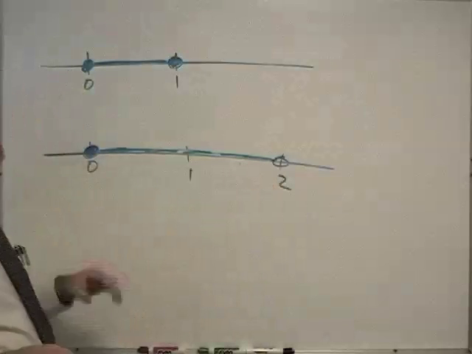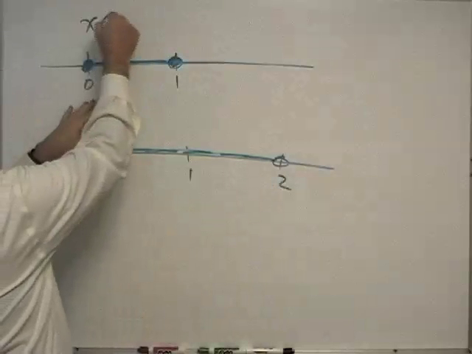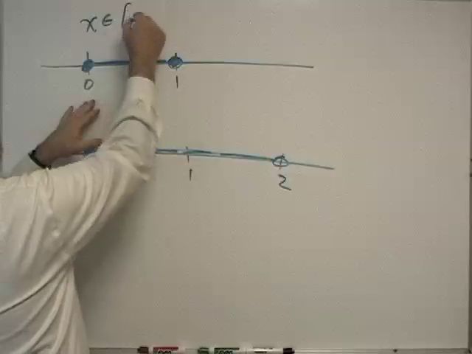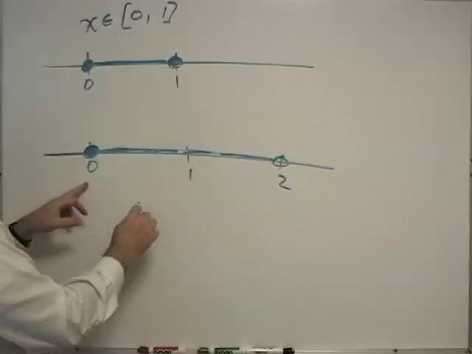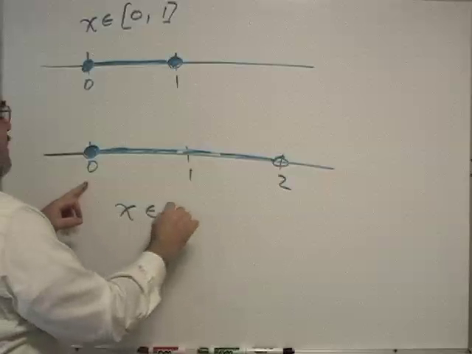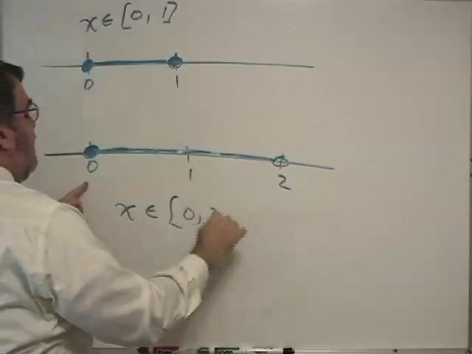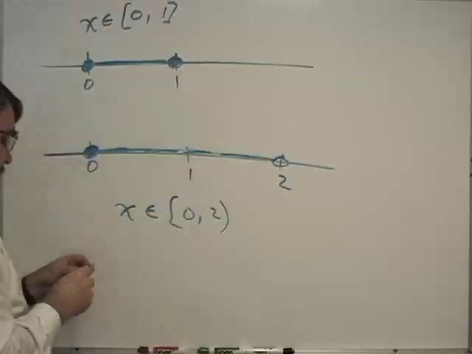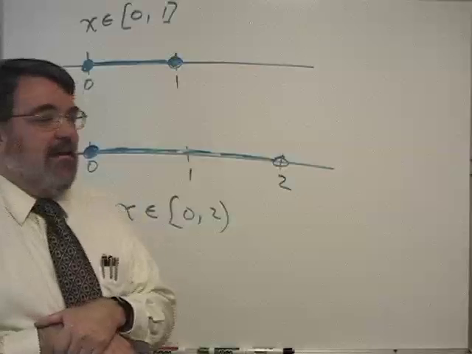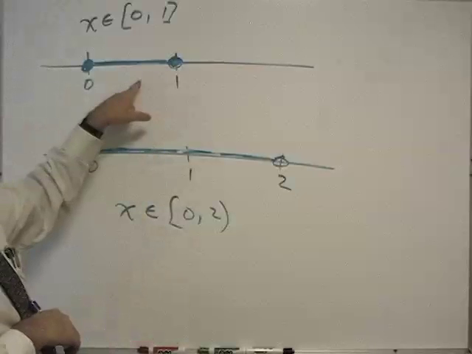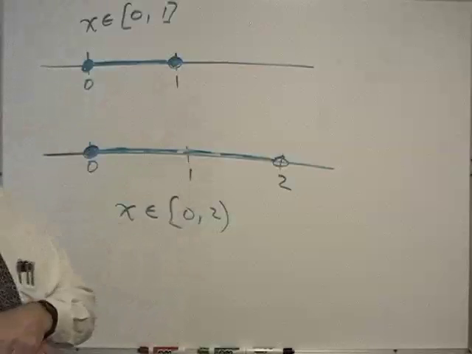So this interval goes from x belongs to bracket 0 to 1, close bracket, and this interval is half open, x belongs to bracket 0 comma 2, close parentheses. All right, now here's what I want to argue, that this interval is larger than that interval.